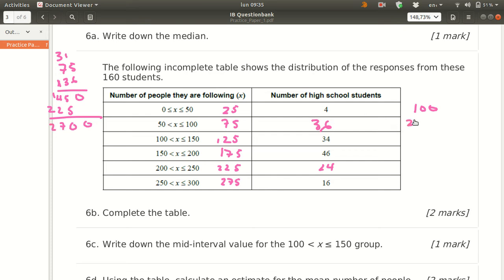Okay, so 2700. 125 times 34. So some of these calculations are a little bit annoying. Alright, so I'm not going to put them all in the video, but I'm going to finish them.